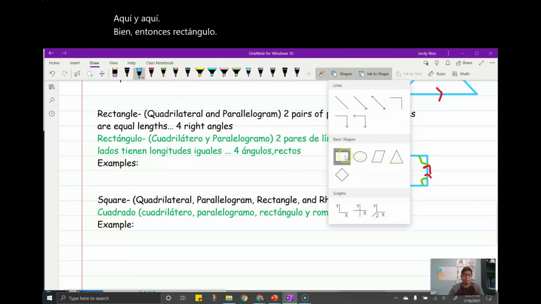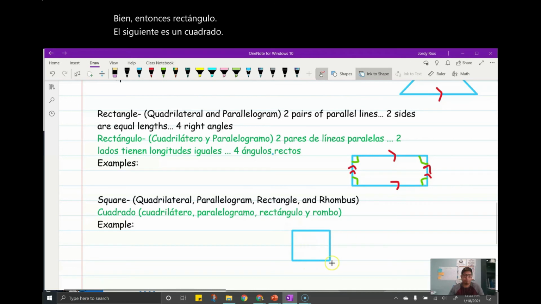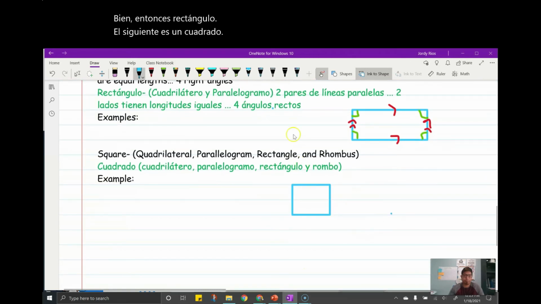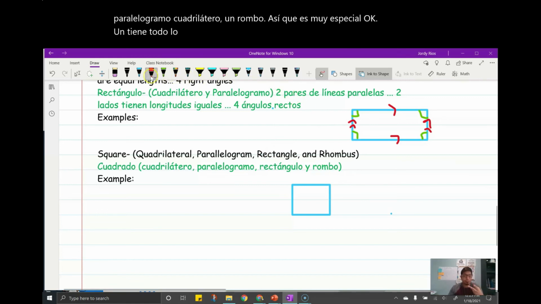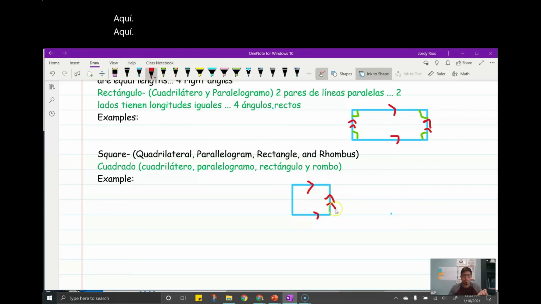Next up is a square. A square is part of almost everything. It's part of a quadrilateral, parallelogram, rectangle, and rhombus. So it's really special. It has two sets of parallel lines, here, here, here, and here.